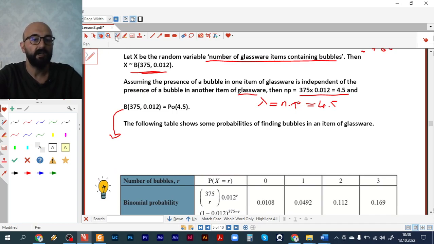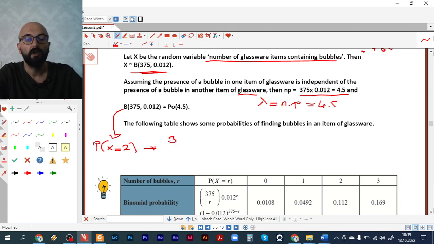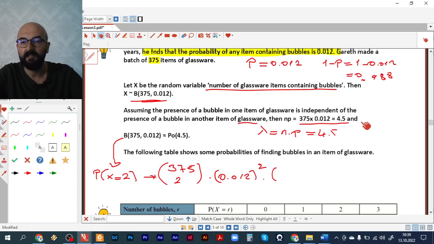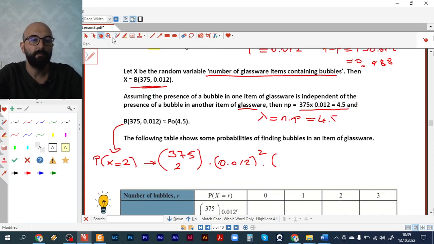For example, if you want the probability of 3, in the binomial distribution you should use this formula: 375 choose 2, multiplied by pi to the power 2, 0.012 squared, multiplied by 1 minus pi, which we computed as 0.988, to the power 375 minus 2.